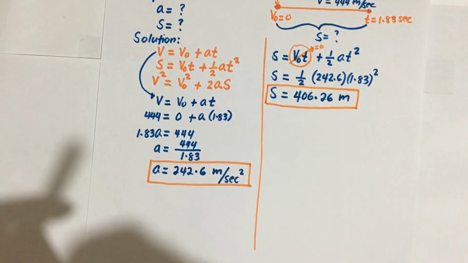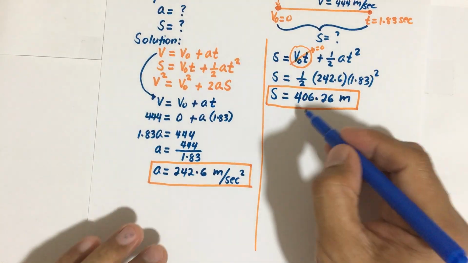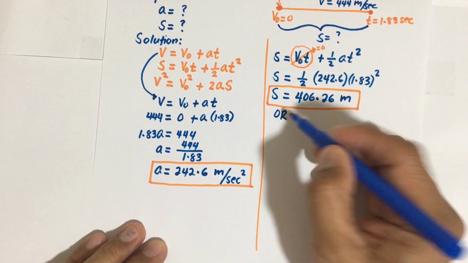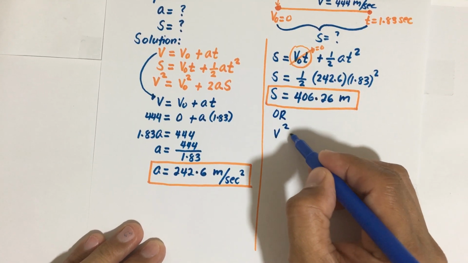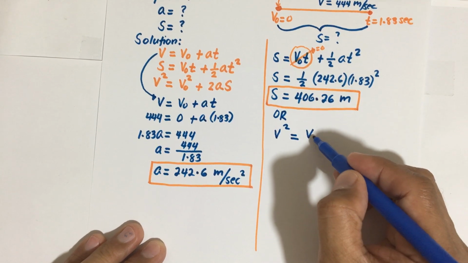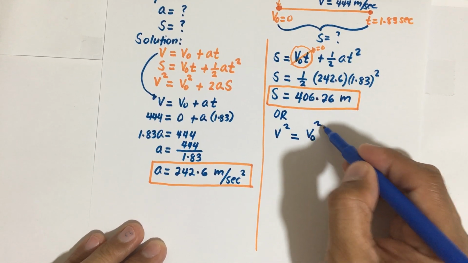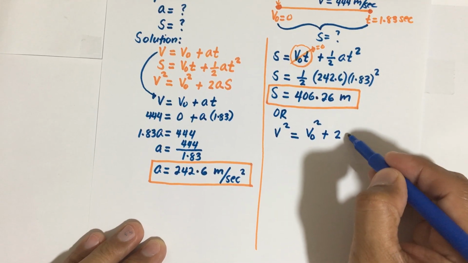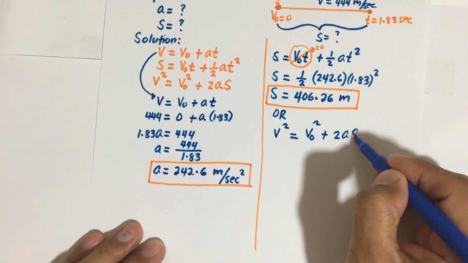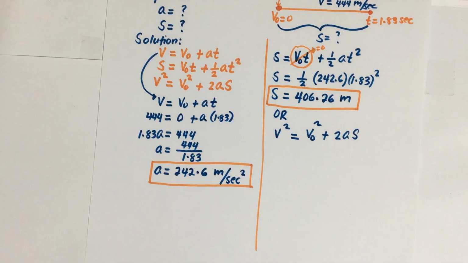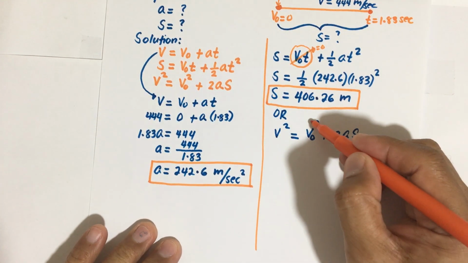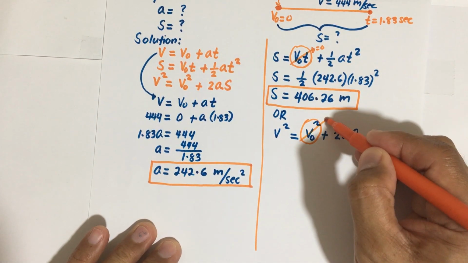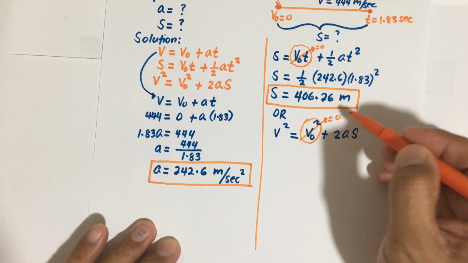Or you can use the third formula. Using this third formula, v squared equal to v sub 0 squared plus 2as. And we know that the initial velocity is equal to 0, so this part here is equal to 0.